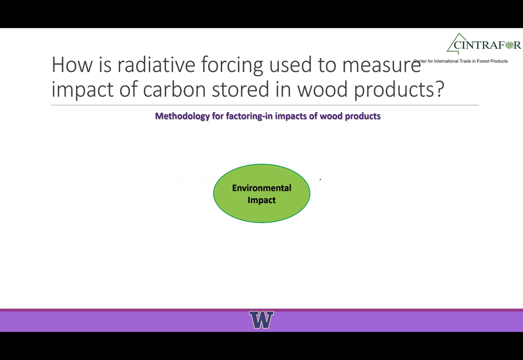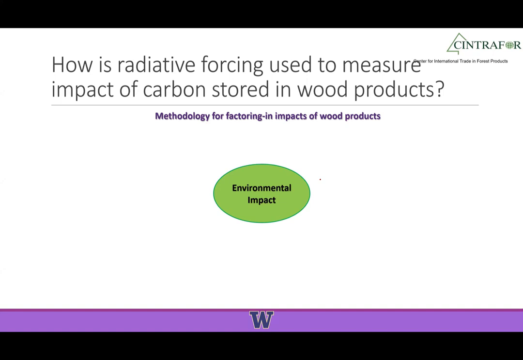So to be able to understand the environmental impact of wood products, it's important to know that radiative forcing, just like a CO2 molecule or CH4 in the atmosphere, contributes to global warming by capturing heat. When we are removing it from the atmosphere and putting it in a stored form in a wood product, we are doing exactly the opposite, a negative radiative forcing right there.